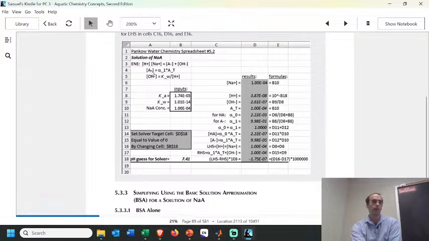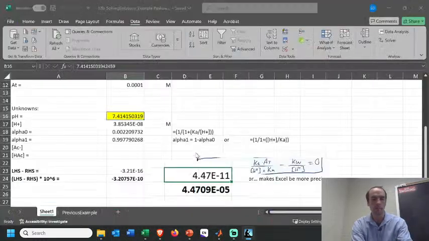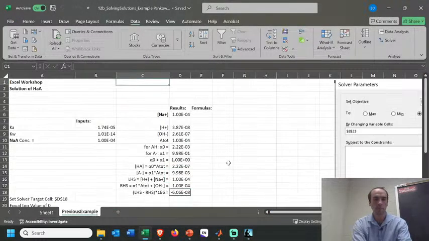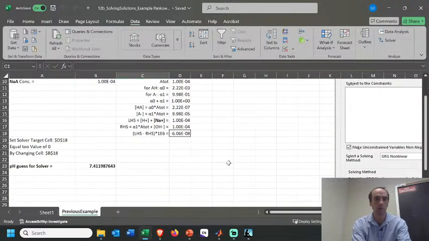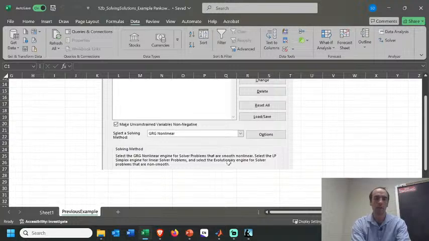They say our A minus equation is here, A1 times A total. OH minus is here. And then instead of doing all the algebra up front, whenever needed, they just put in the cell to solve it. So they put in each of these components there. I did this before with the same problem, and set it up the way they did.